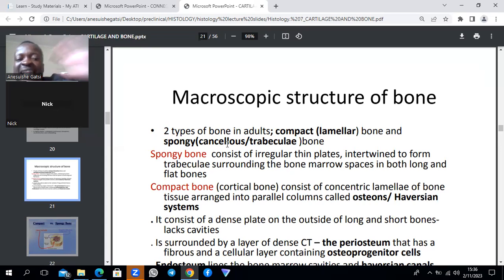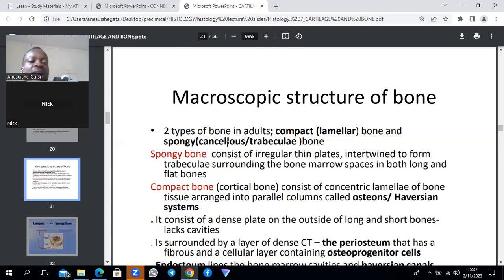There's an inner cellular layer where there are osteoprogenitor cells to give rise to new bone. Same way cartilage was growing by appositional growth, bone can undergo appositional growth because there is a periosteum on the outside, which can have cells migrate from it as osteoprogenitor cells to give rise to new bone. Then there's an outer fibrous layer.